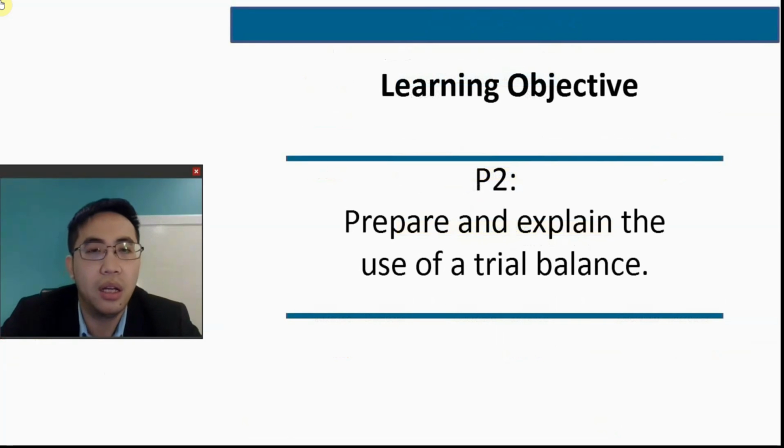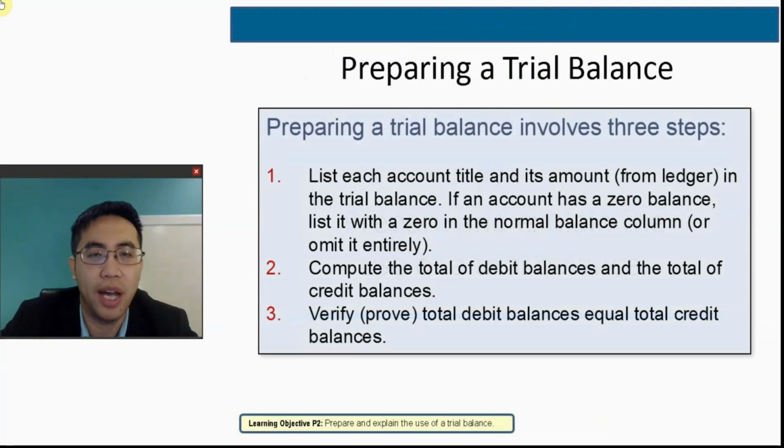All right, now we move on to the next level. We are going to prepare and explain a trial balance. A trial balance is basically organized from the accounts in the general ledger. Here are the three steps we need to take. First, we list each account title and its amount from the ledger we created earlier.